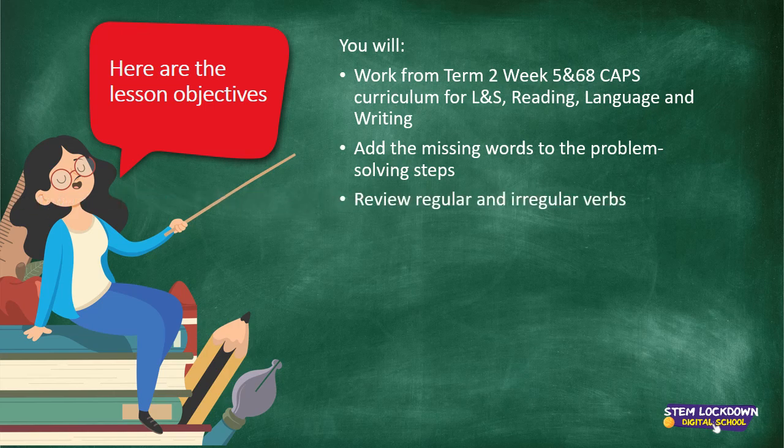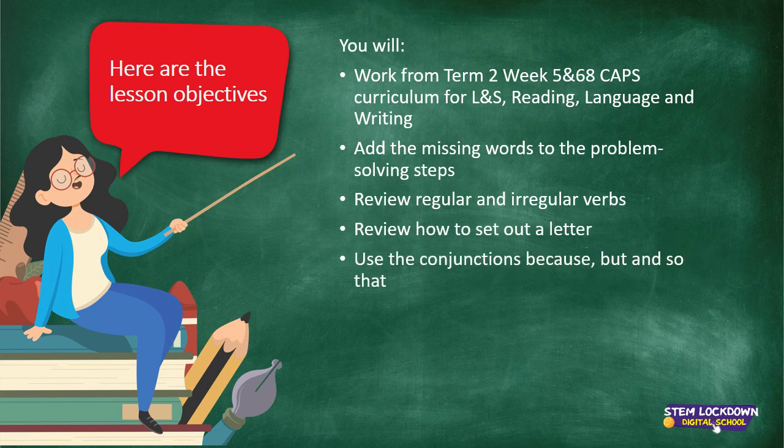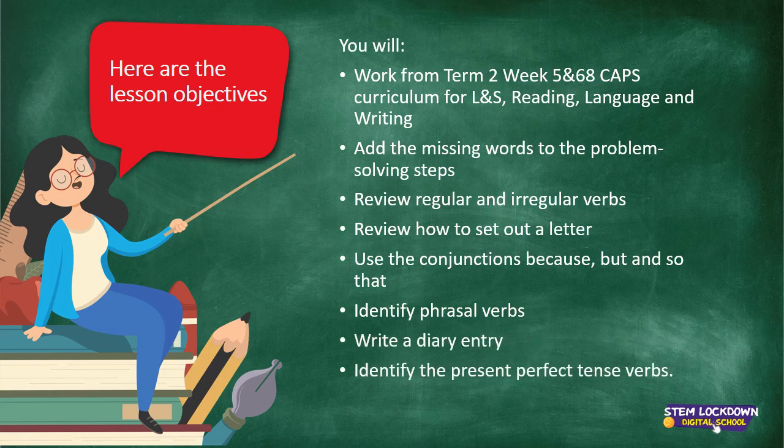You're going to review regular and irregular verbs. You're going to review how to set out a letter. You're going to use the conjunctions because, but, and so that. You're going to identify phrasal verbs. You'll write a diary entry. And you'll identify the present perfect tense verbs in sentences. How does that sound? Yes, good.